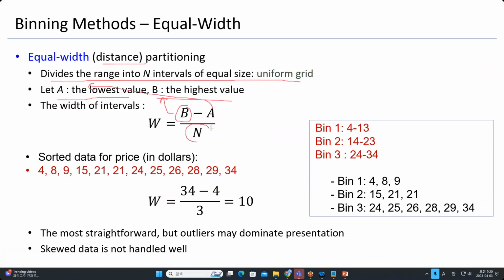N is the number of intervals of equal size, the uniform grid. Let's say I have this data again. I can determine the highest value, the lowest value, and how many pins I want to create. Suppose I want to create 3 pins.